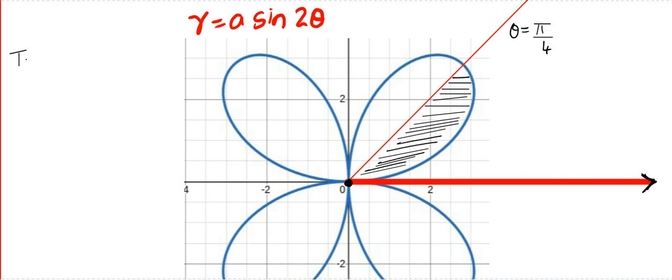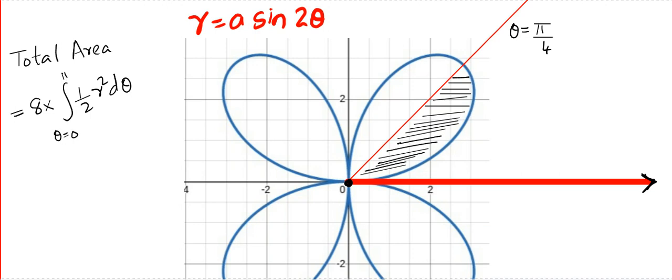So look at this. I'm going to calculate total area. Total area means area of all the 4 loops. So that will be 8 times integral 1 by 2 r square d theta, and I'm going to integrate from 0 to pi by 4. If you don't want to do this, you can do it like this: 4 times integral theta is equal to 0 to pi by 2 of r square d theta.